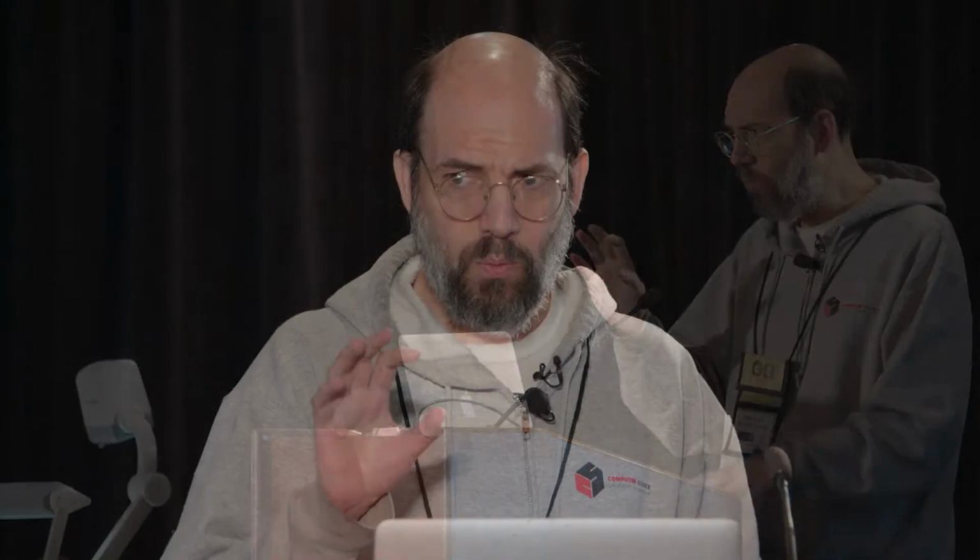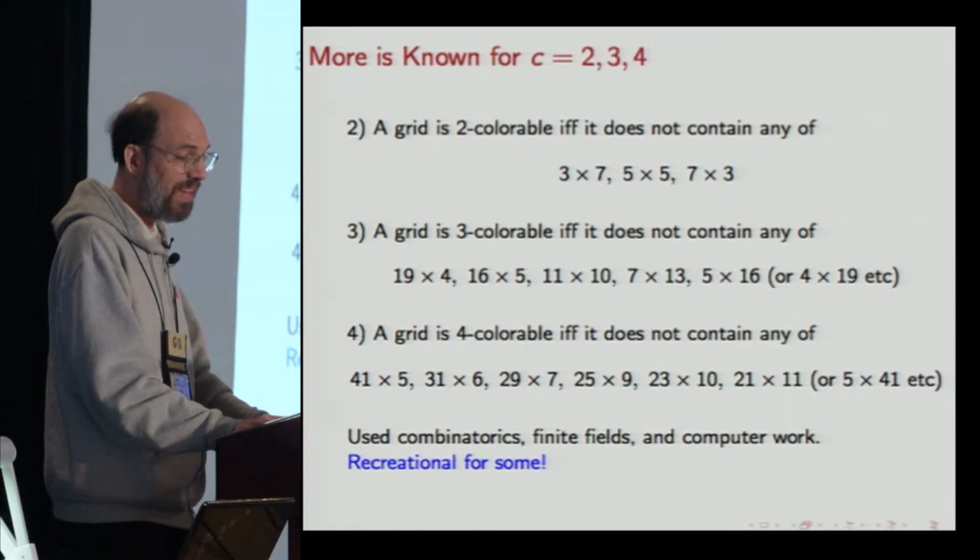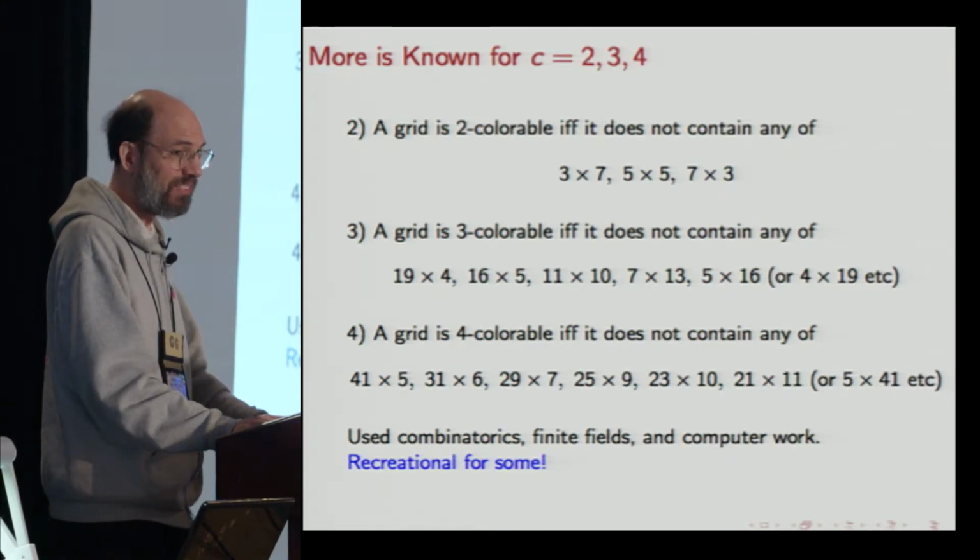And more is known. To recap, for 4-coloring, no matter how you 4-color 19 by 19, you get a monochromatic rectangle. There is a coloring of 18 by 18 where you don't. What about other grids, 3 by 9, 4 by 17, things like this? Well, more is known. For a 2-coloring, you can 2-color a grid without monochromatic rectangles if the grid does not contain any of 3 by 7, 5 by 5, or 7 by 3.